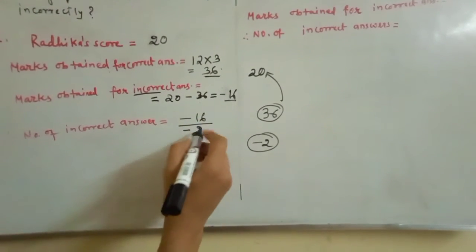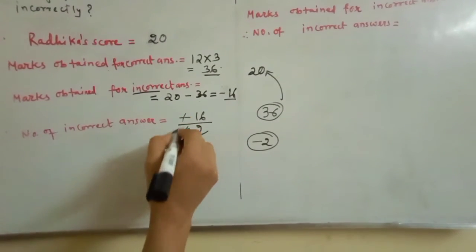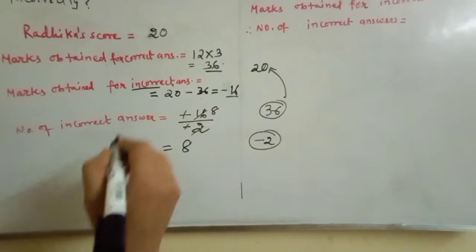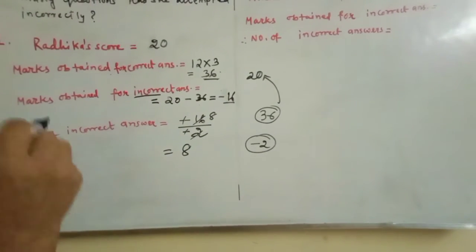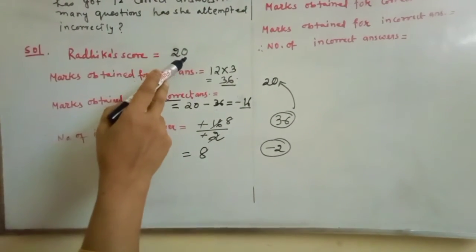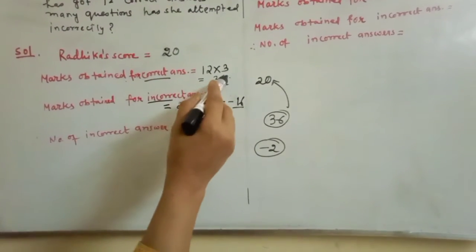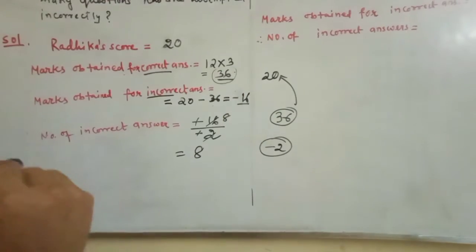So minus 16 divided by minus 2, the minus signs cancel out and it is 8. So she has given 8 incorrect answers. Is it clear?